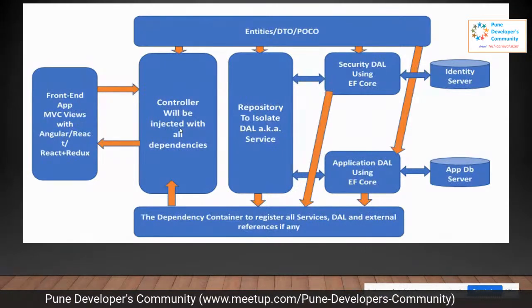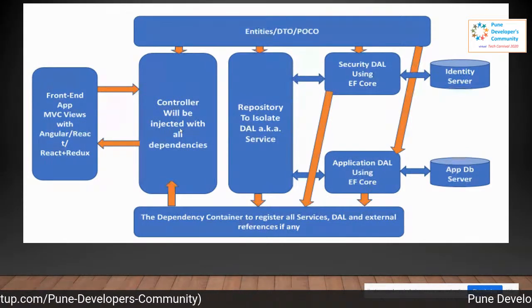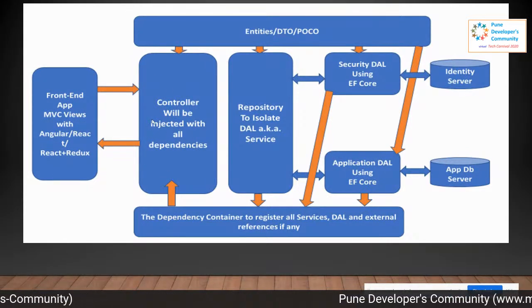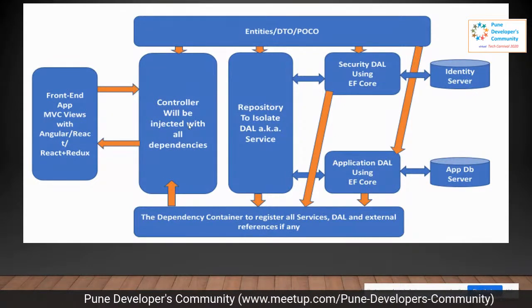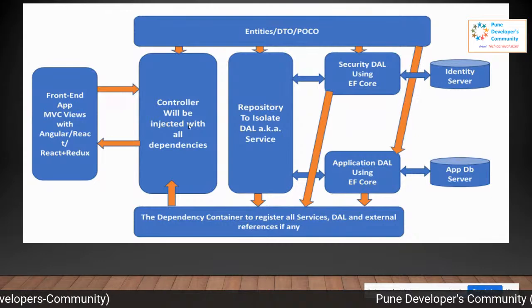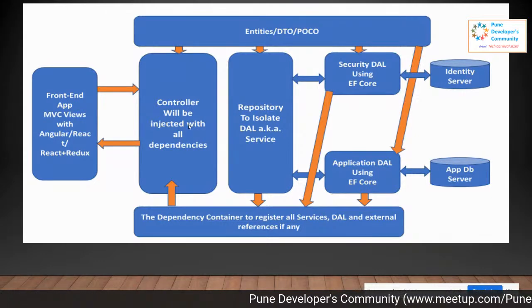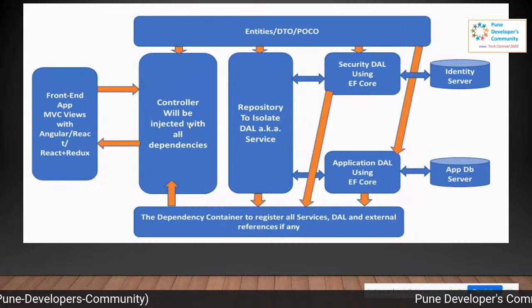And the third thing over here is that you are now having an actual resource. The actual resource is the controller, the API controller. This API controller is now going to be configured for the identity, the security, precisely I should say for authentication.